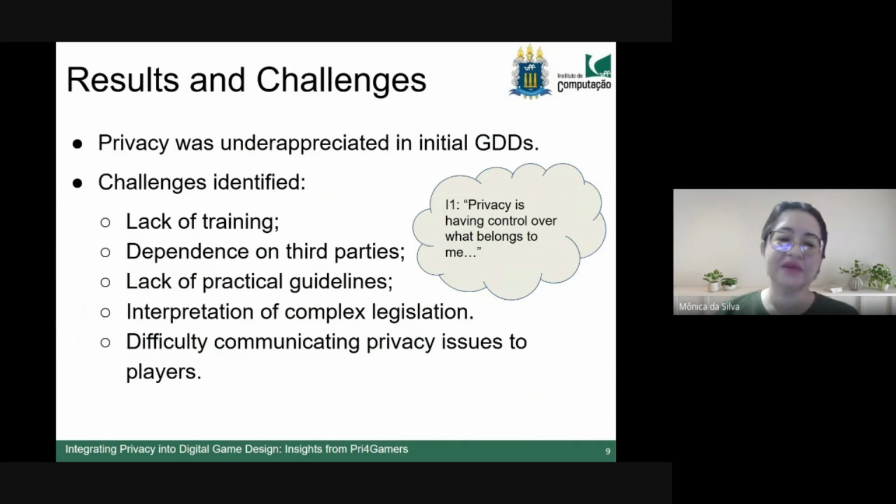And some challenges were observed during these interviews, such as the lack of training on legislation and what privacy is, how it can impact the game, the reliance on third-party solutions, a heavy dependence on tools created by others, and they explain this dependency arises because building a complete development framework from the ground up is quite challenging for a team, leading them to rely on these pre-existing solutions.